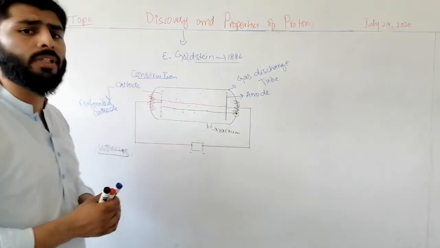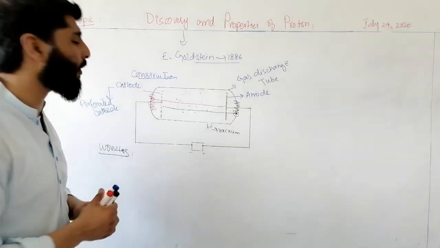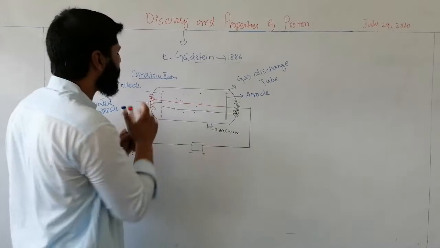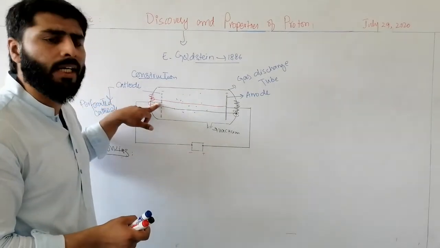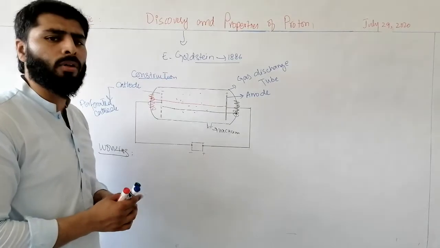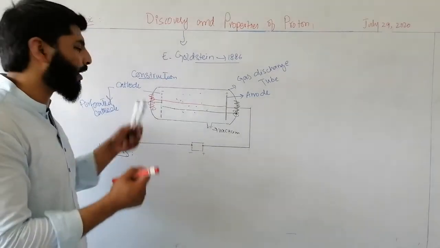That's why he used the term that there are some rays which travel in a straight line and pass through these canals or holes. That's why at that time he knew these rays as canal rays.